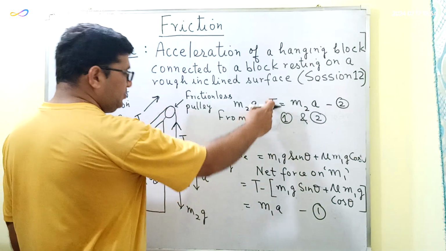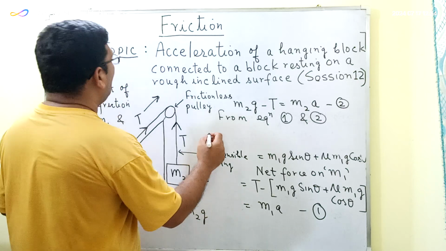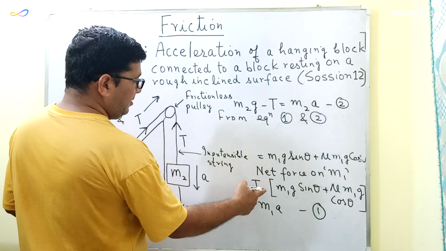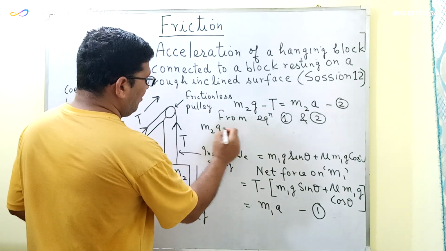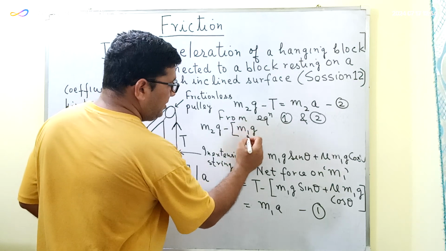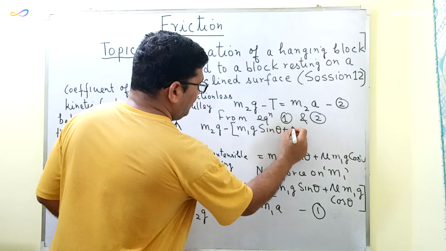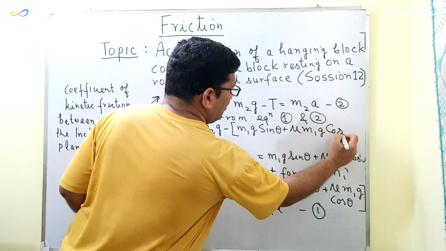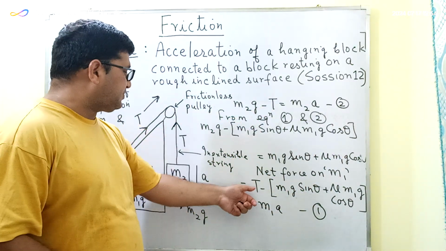If I add 1 and 2, this T and T will get cancelled out, and finally I will be getting m2g minus m1g sin theta plus mu m1g cos theta, because I have added, so this minus T and this T will get cancelled out.